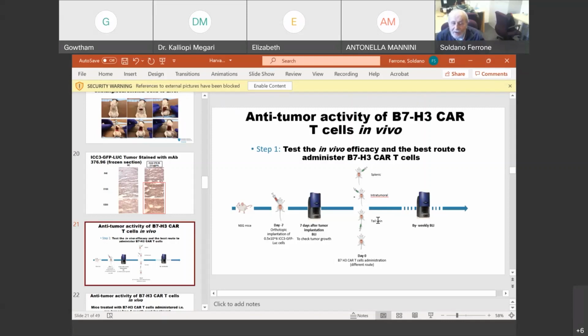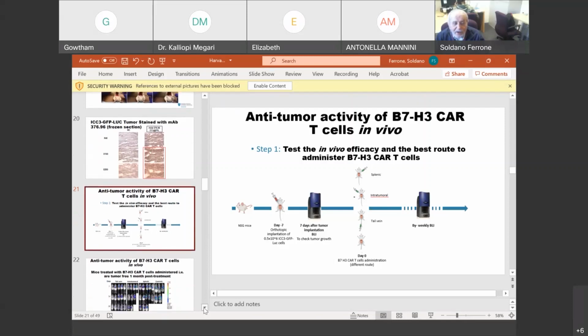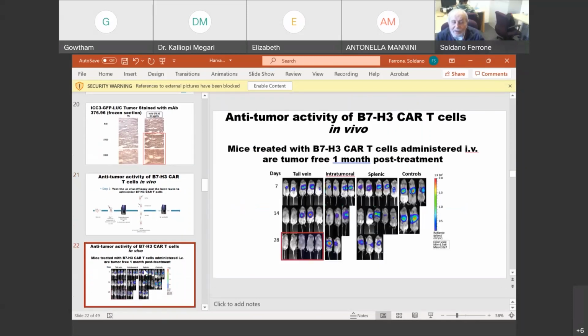And then the groups of mice were treated in this way. And of course, the cells were labeled with GFP so that we could follow the growth of the tumor by bioluminescence.